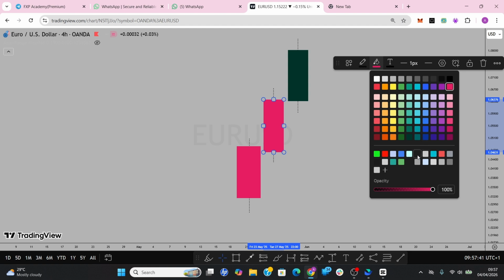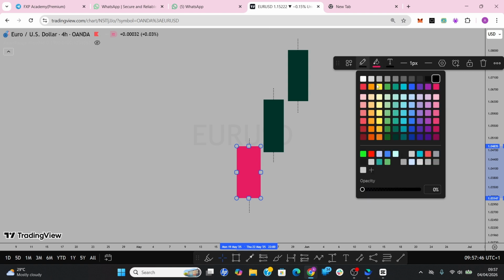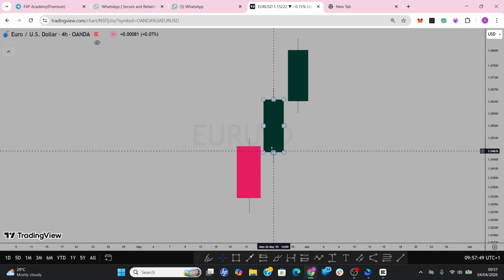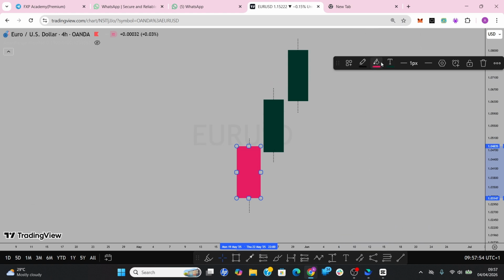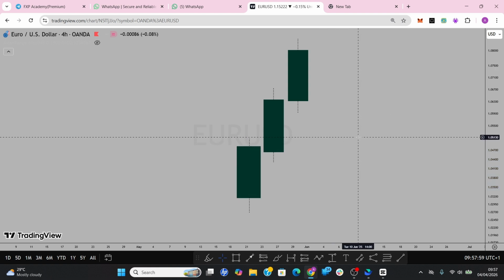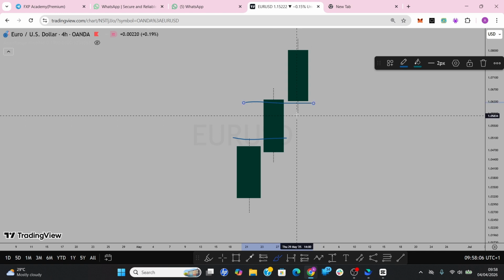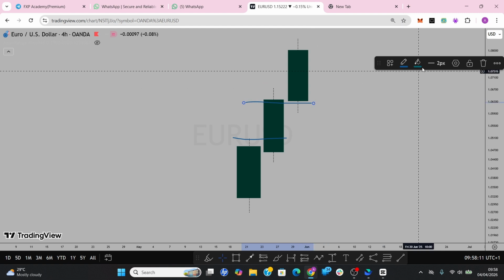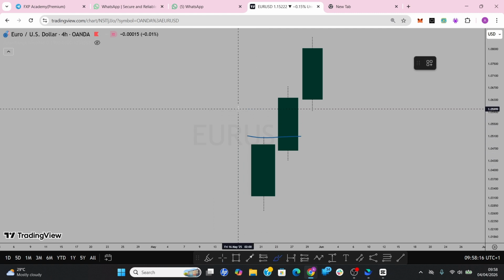So all of them to green candles, right? That is it. This is the fair value gap. The gap between the first candle and the last candle. You understand? That is just the fair value gap there.